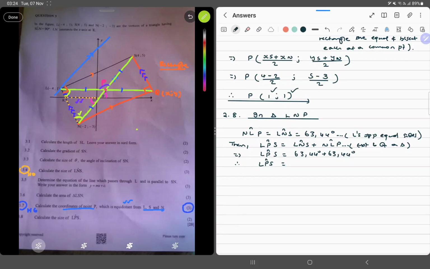Therefore, our angle LPS is double those angles. So 63,44 times 2 is essentially 126,88 degrees.